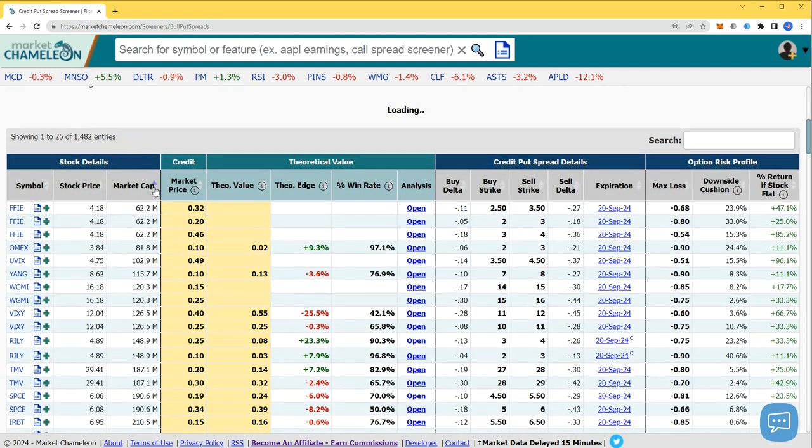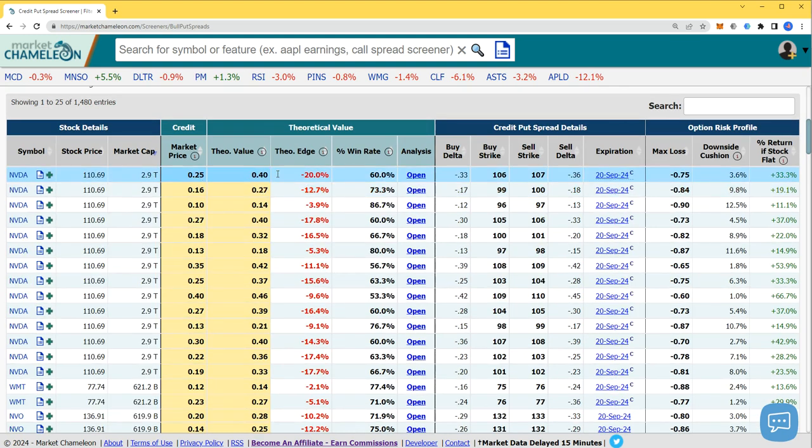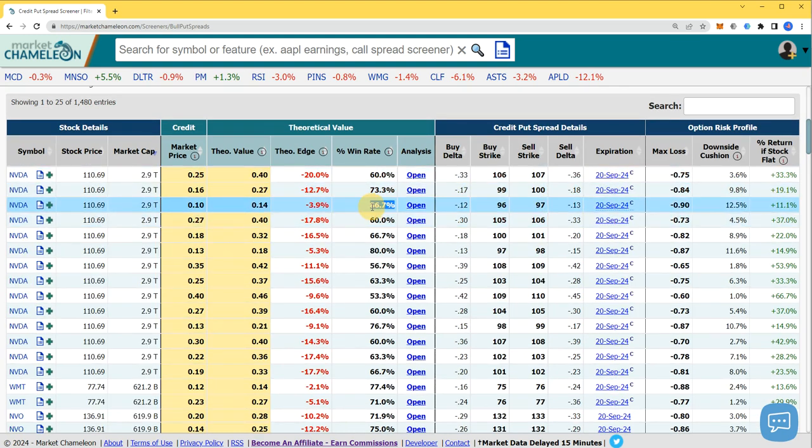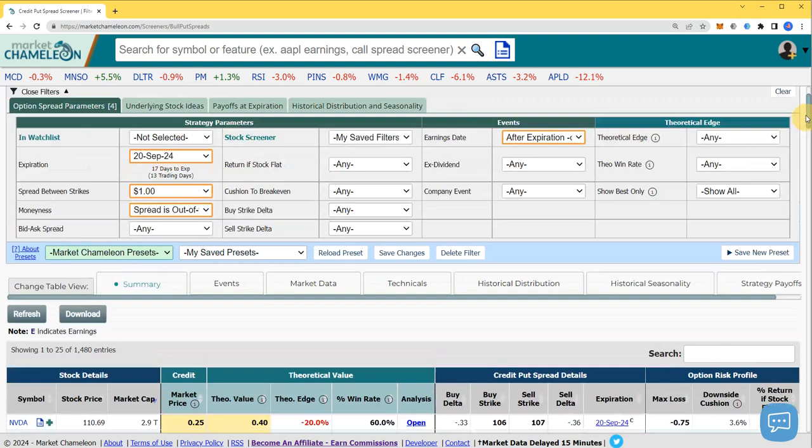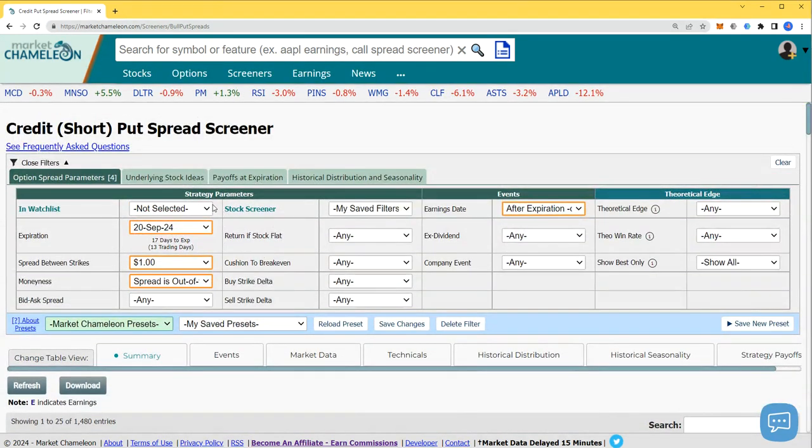And if you double click in here, see NVIDIA, 86%, 97 put sell, 96 put buy, with the 86% win rate. So there are a lot of opportunities. I hope this was valuable. We barely scratched the surface on put credit spread. This is going to be a longer discussion, and there's a 7 days trial, and I'll see you in the next one.